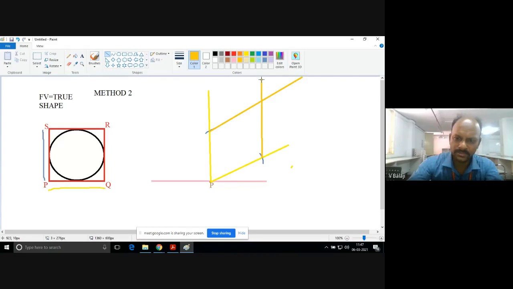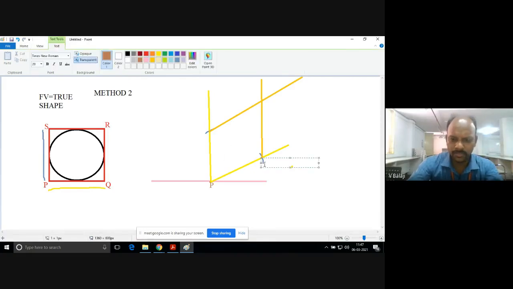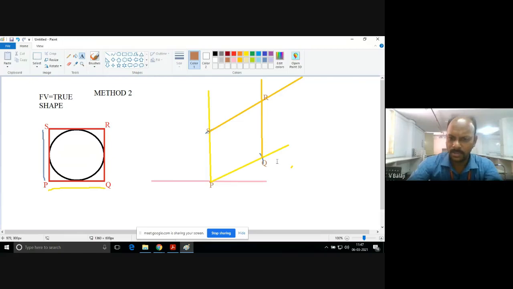Now name it PQRS: PQ, this will be R, this will be S. Now we got a rhombus.